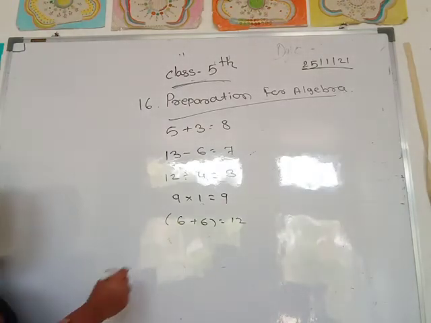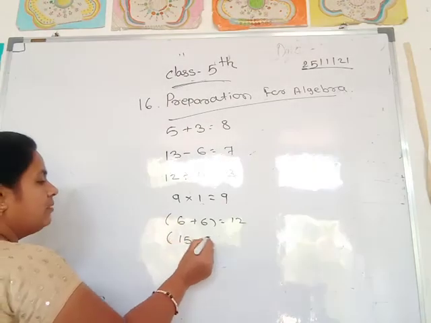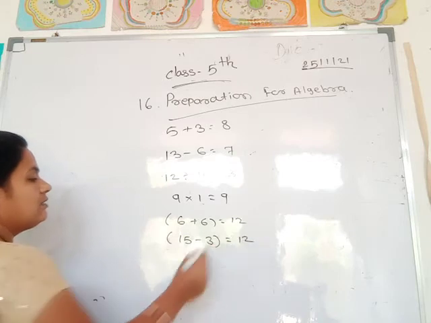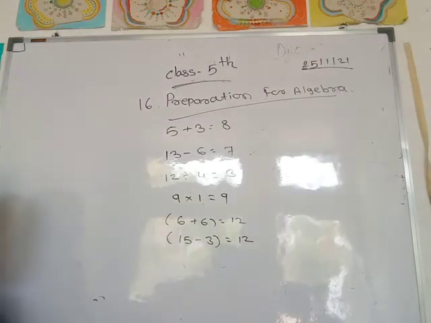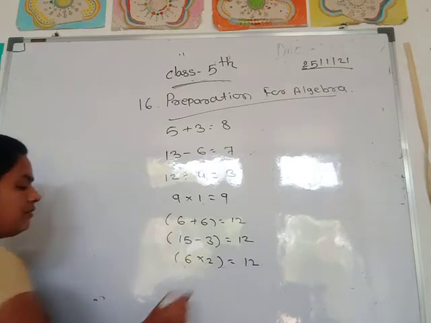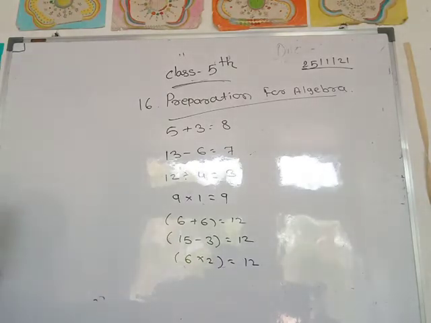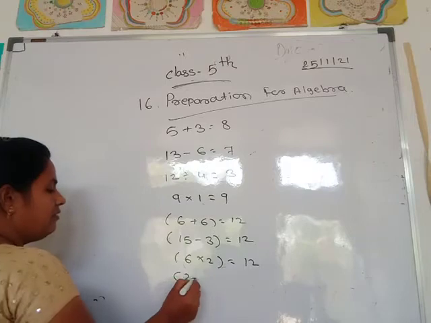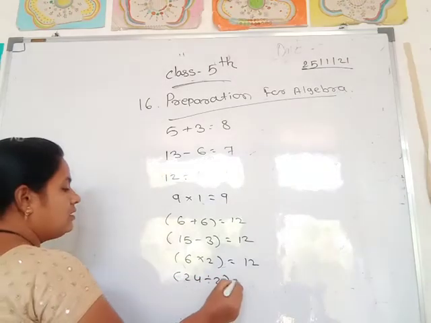Then subtraction: 15 minus 3, this also is 12. Then multiplication: 6 into 2, this also is 12. And the next one is 24 divided by 2 is equal to 12.